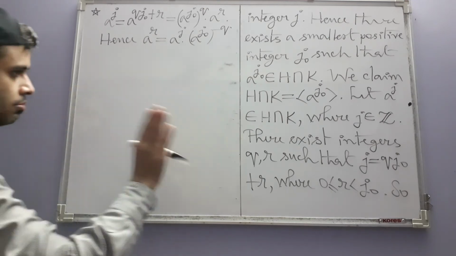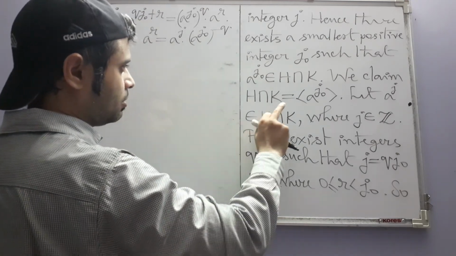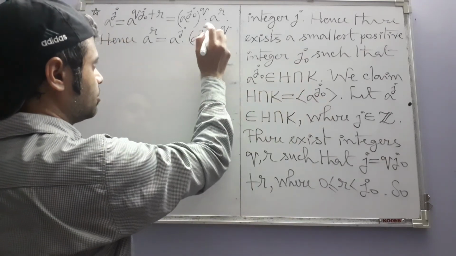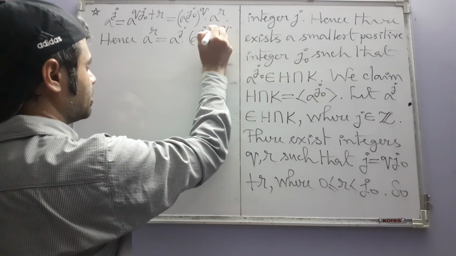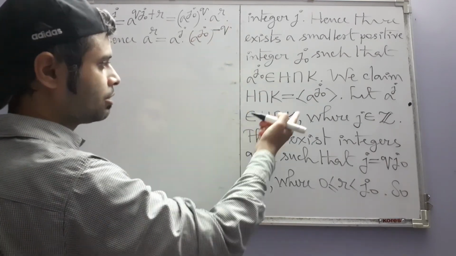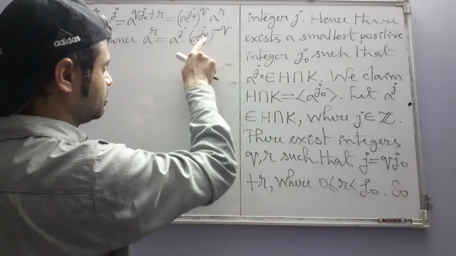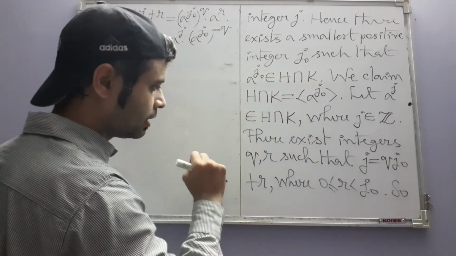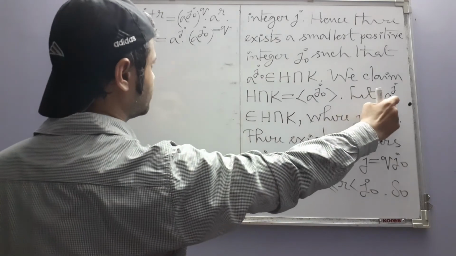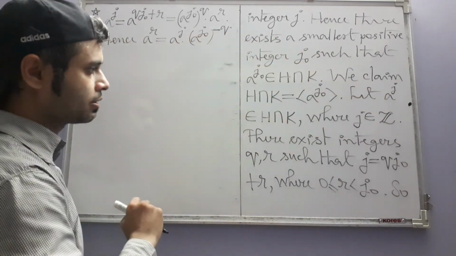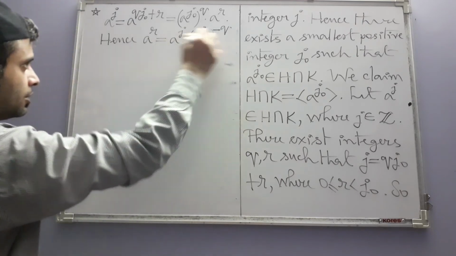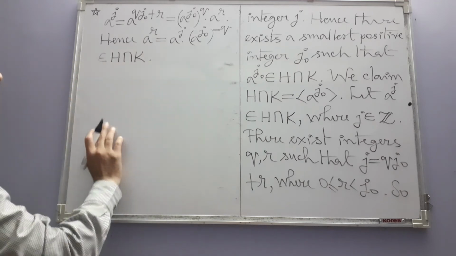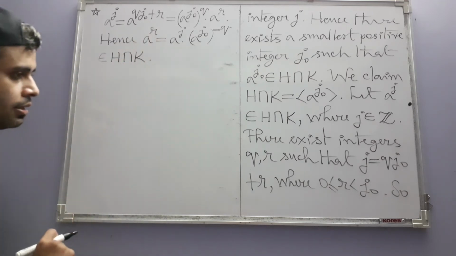Now you see, a to the power j naught is in H intersection K, so its integral power, where the exponent is any integer, will also belong to H intersection K. In particular, this minus qth power of a to the power j naught will belong to H intersection K, and according to our choice, a to the power j also belongs to H intersection K. Because this is a subgroup, this product will belong to H intersection K. That means a to the power r belongs to H intersection K.